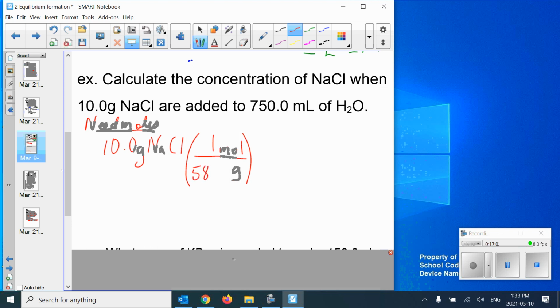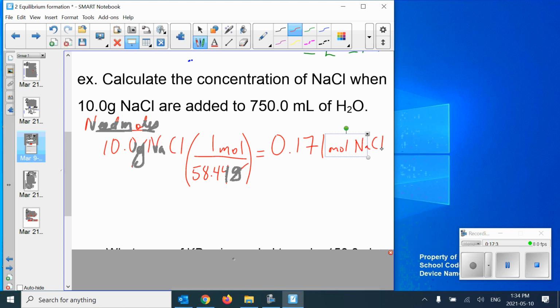That's it. Now this is straight across. You really have to say times 1. You just divide. 10 divided by 58.44, and you get a little decimal. I'm assuming you guys know how to use calculators. Grams are canceled, so we have that many moles of sodium chloride.